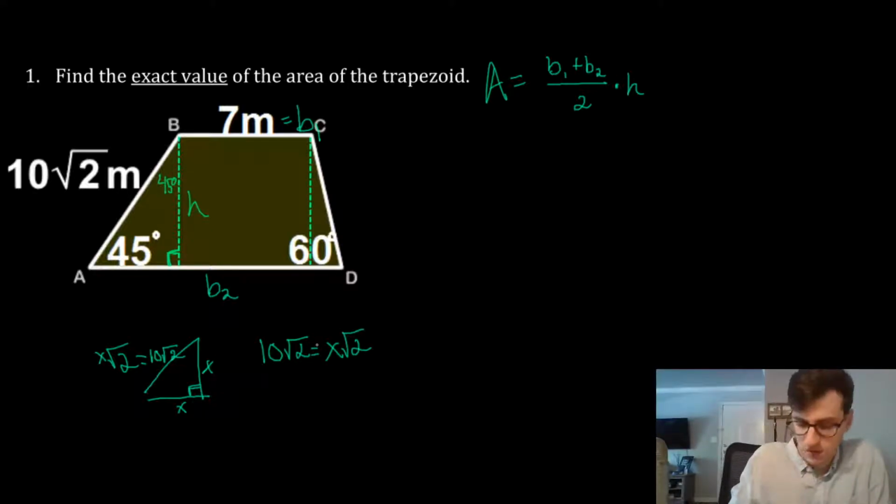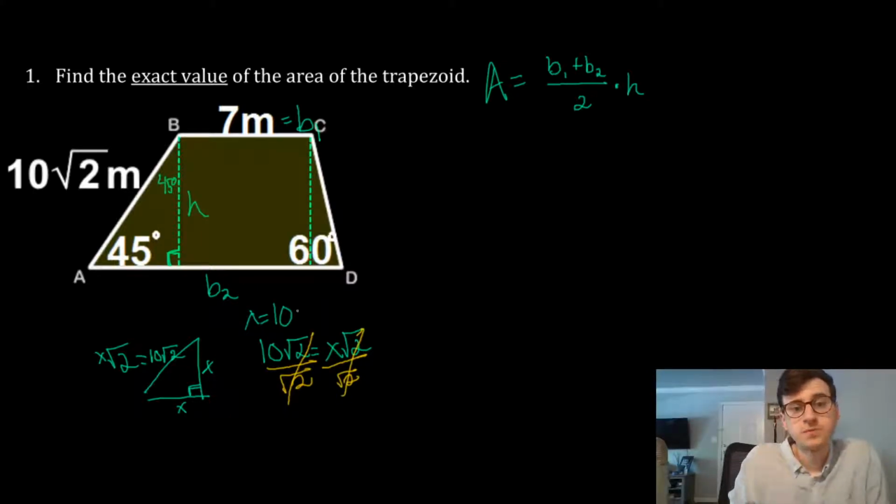If we divide both sides by the square root of 2, that cancels out. So then x is equal to 10. Now, we can look at this other triangle because we know that x is 10, which means my height is 10. So this is 10 over here.